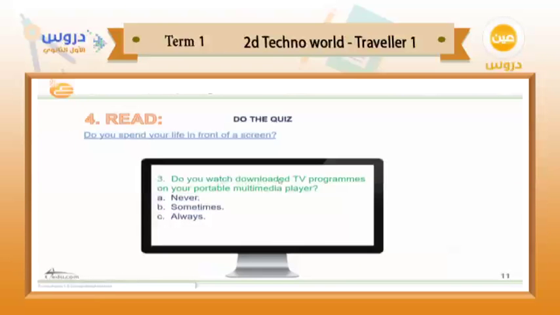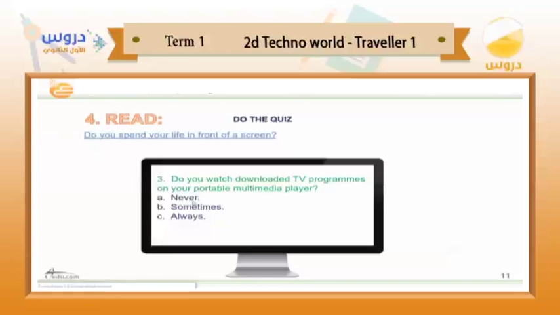Next question, number 3. Do you watch downloaded TV programs on your portable multimedia player? A portable multimedia player can be your mobile, your PC or laptop, which you can carry wherever you would like to go. Portable. Okay, do you watch downloaded TV programs on your portable multimedia player?